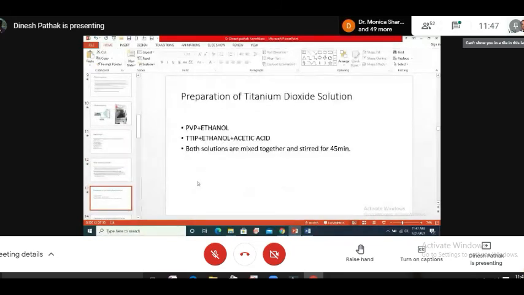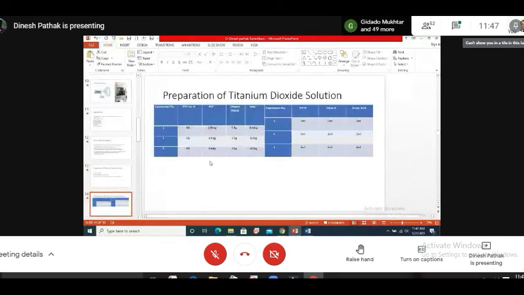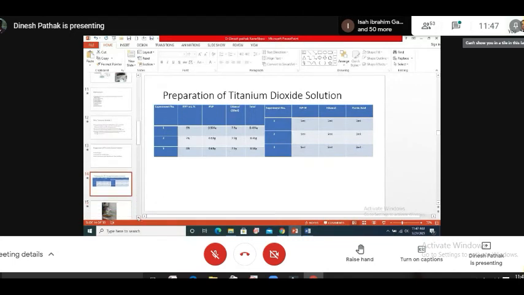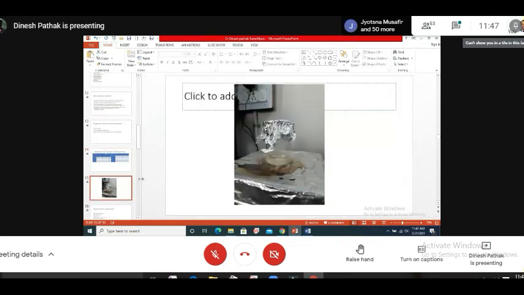This is the precursor of titanium oxide. We made one solution of it, and a second of PVP. Then both solutions were mixed together. This is just a preliminary experiment in which we varied the concentration percentage of polymer to obtain different porosity and different diameter. Just a simple experiment.